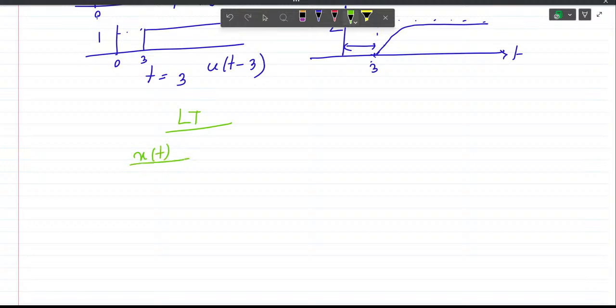Then the Laplace transform of x(t) is denoted as capital X of small s and defined as the integral from 0 minus to infinity of x(t) e raised to the power minus st dt.